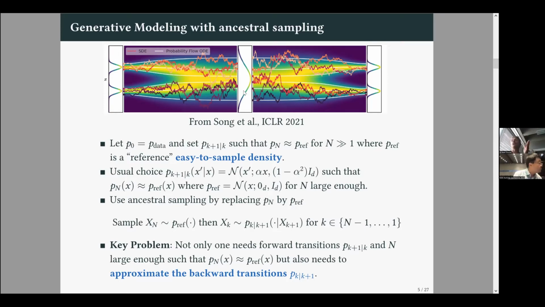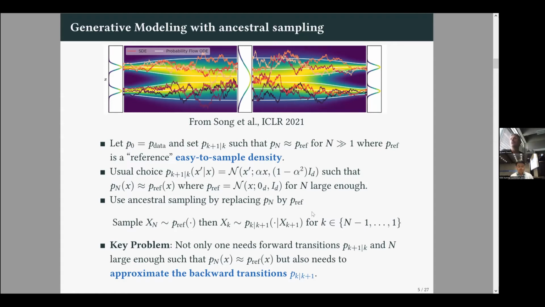And what ancestral sampling does is reverse this mechanism: you want to turn a Gaussian noise sample into a sample from the initial data distribution P naught, in this case a mixture of two Gaussian distributions. Okay, so that's really the core idea behind this denoising diffusion model.